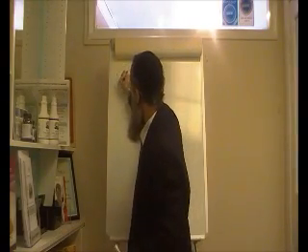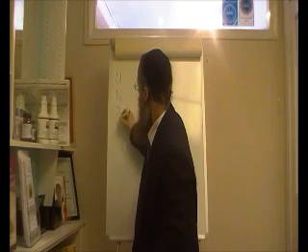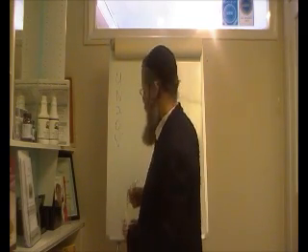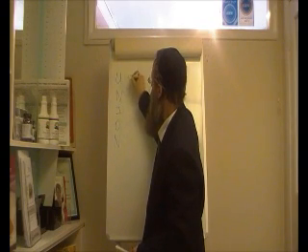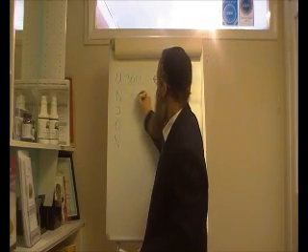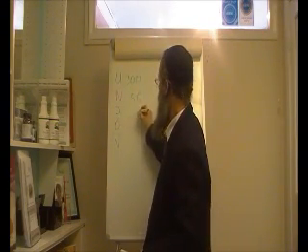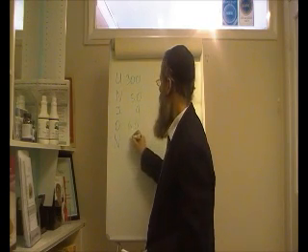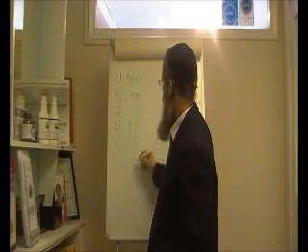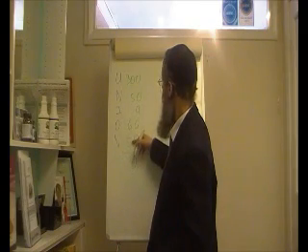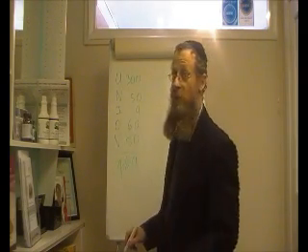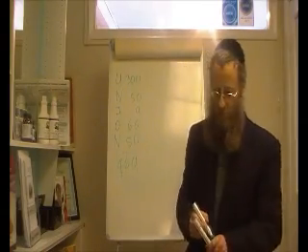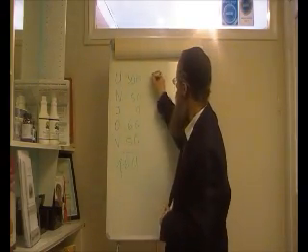I'll do this the long way. Union: U is 300, N is 50, I is 9, O is 60 and N is 50. 9, 5 and 5 is 10, 16, 3 and 1 is 4, so 469 is Union. Now we do Jack.